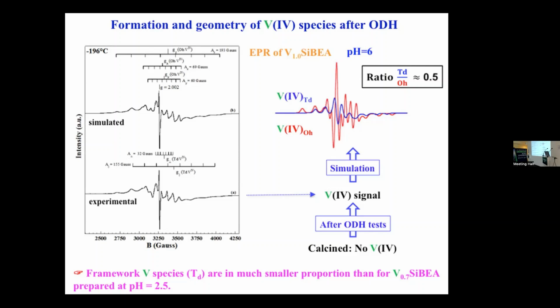So after the ODH test, the vanadium 5 is reduced to vanadium 4, and in this case we have an EPR signal. By simulation, we can also calculate the ratio of tetrahedral to octahedral species. We can see that the ratio is only 0.5. That means that there are both tetrahedral and octahedral species in the zeolite in this case.